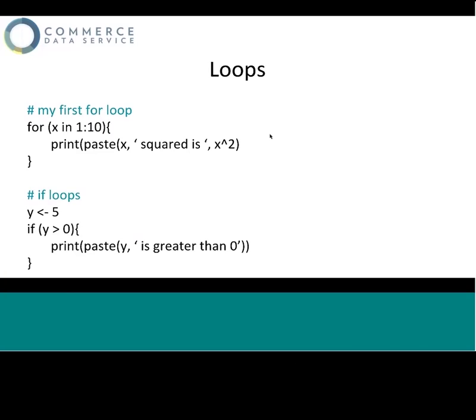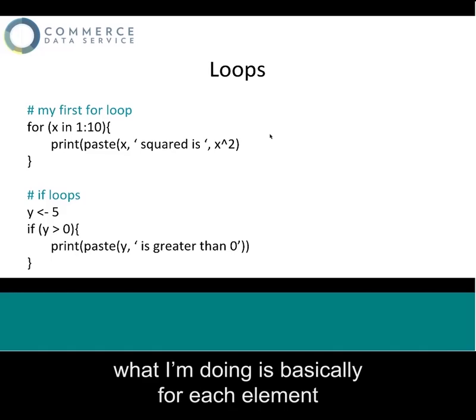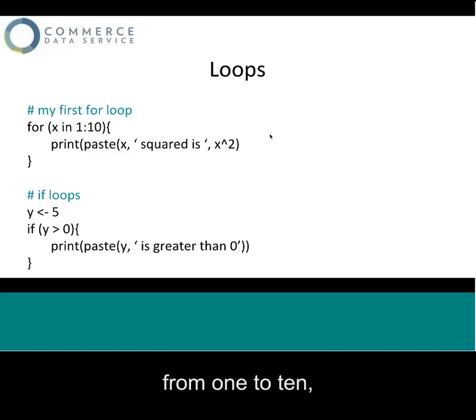In my first loop, for each element from 1 to 10, I'll call that element x, and then I will print x, that number, squared is the square of that.